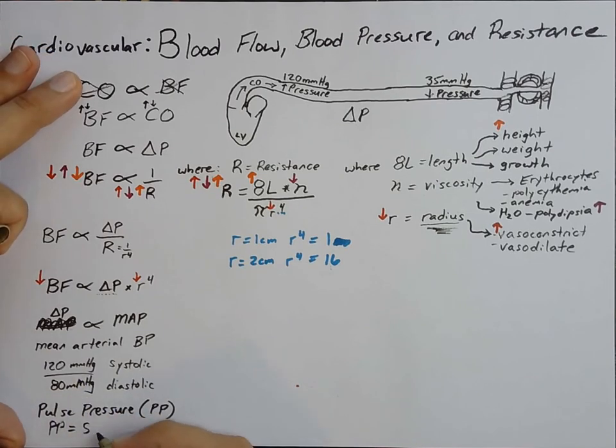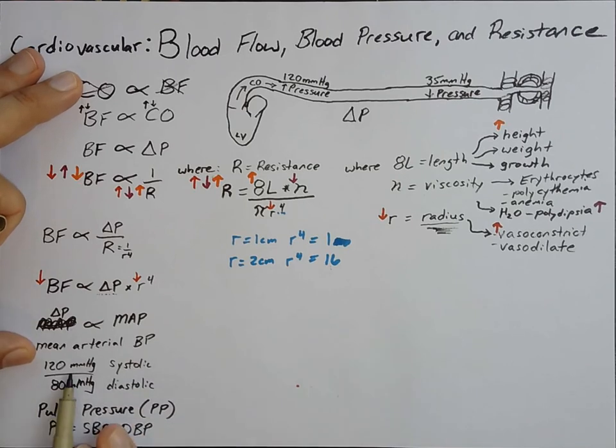So it's systolic blood pressure minus diastolic blood pressure. In a normal patient, we'd have 120 millimeters of mercury minus 80 millimeters of mercury, so that normal pulse pressure would be about 40 millimeters of mercury.